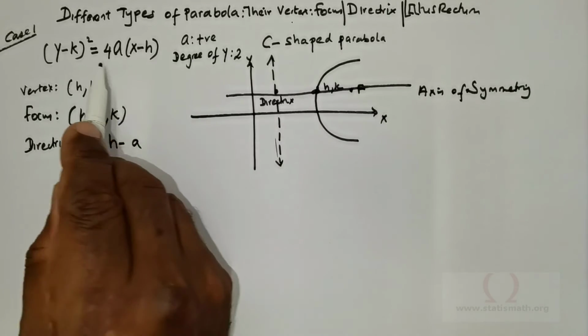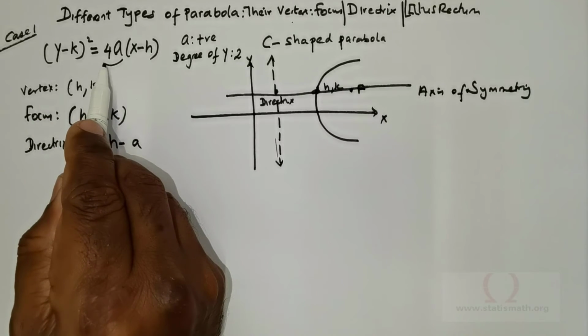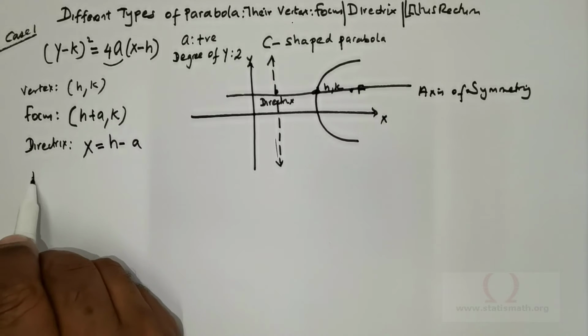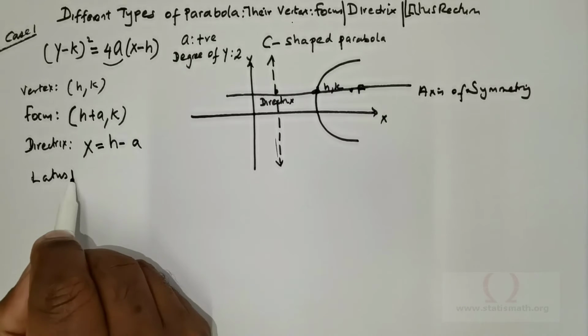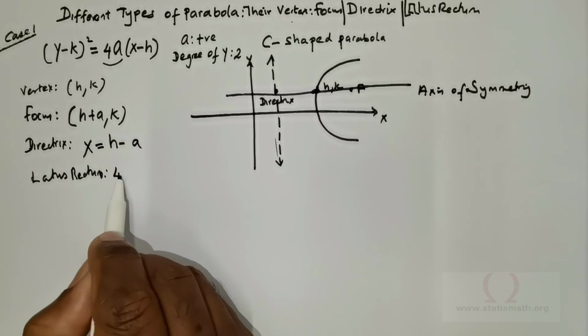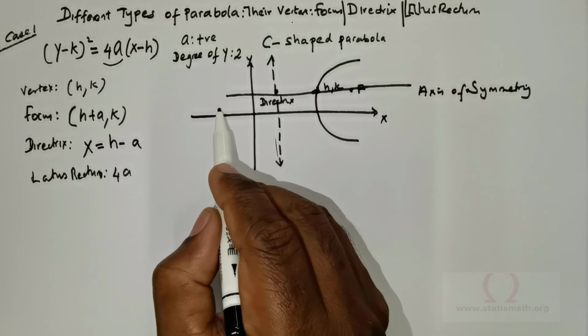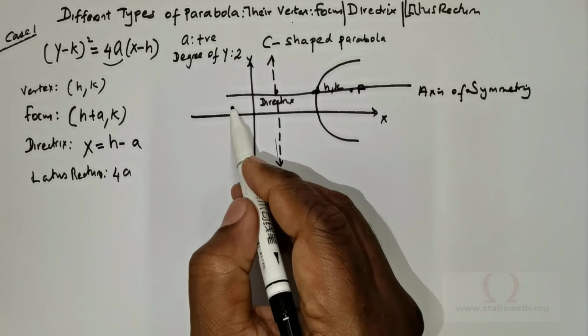Now the form is 4a. This quantity which you see here is going to be giving you the latus rectum. So the latus rectum is 4a.